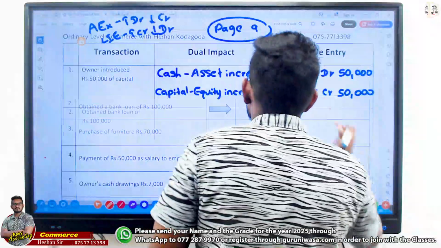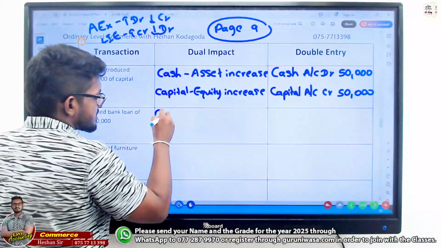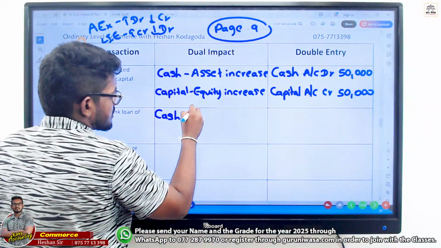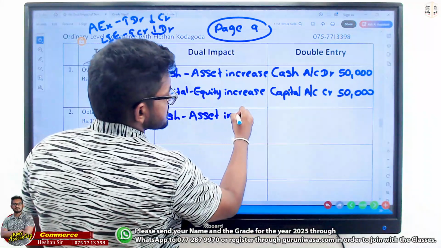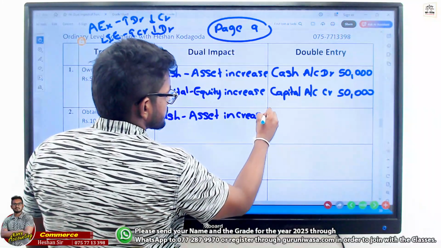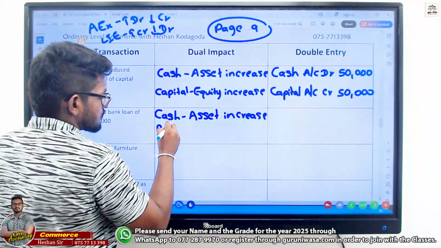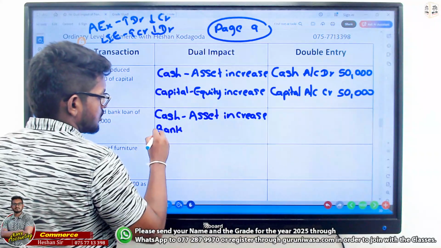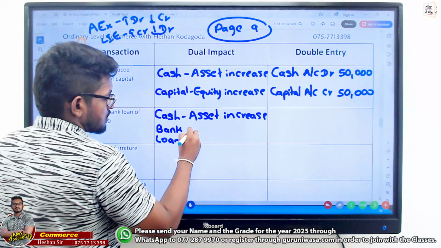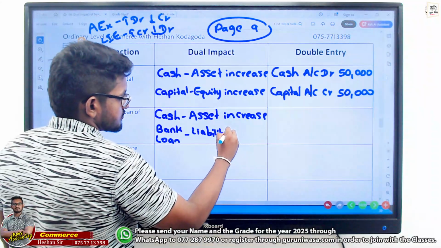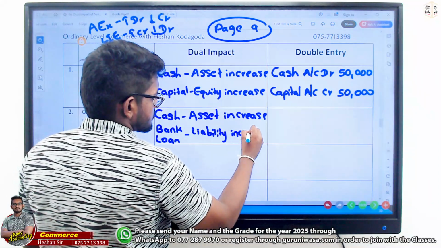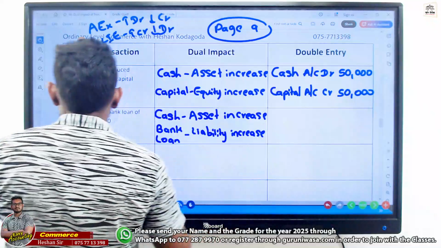Yes, write the same thing in here. Cash asset increase. The norm, first we need to write the debit entry. Cash asset increase. Then the bank loan liability increase. Right?